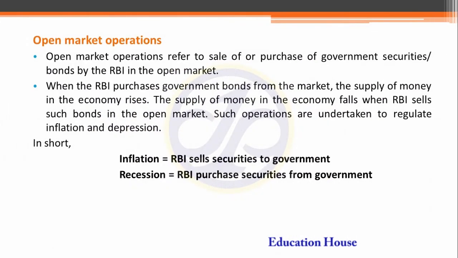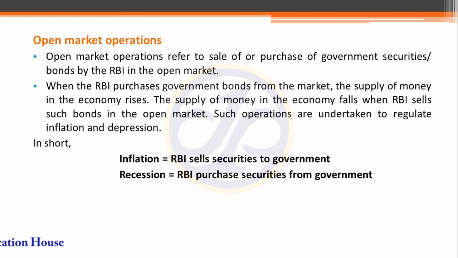Let's see OMO, open market operations. Open market operation refers to the sale or purchase of government securities in terms of bonds in the open market. So open market operation is the tool RBI utilizes whenever recession and inflation arise.